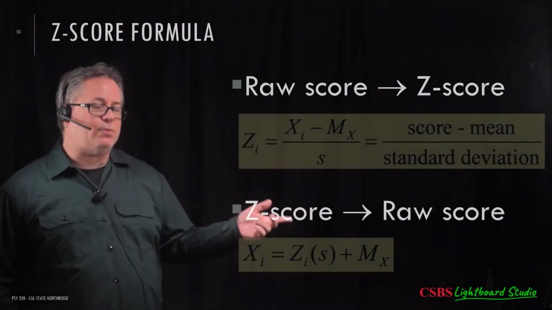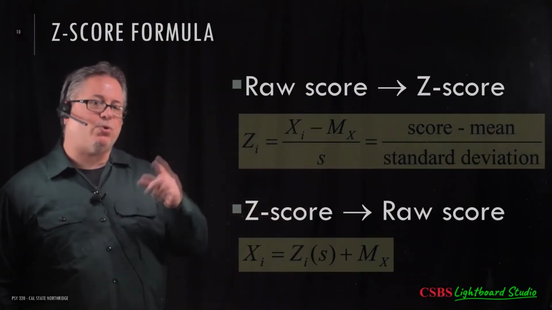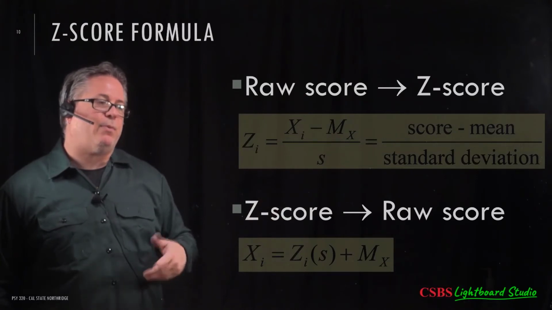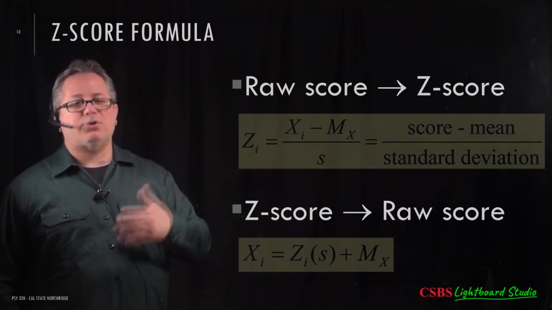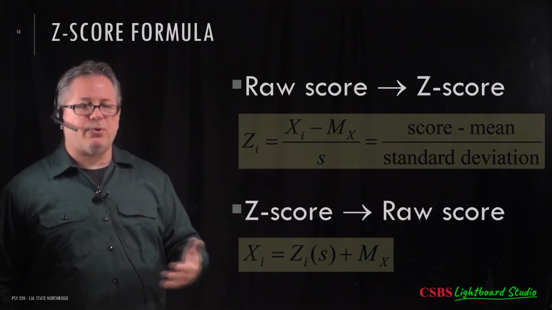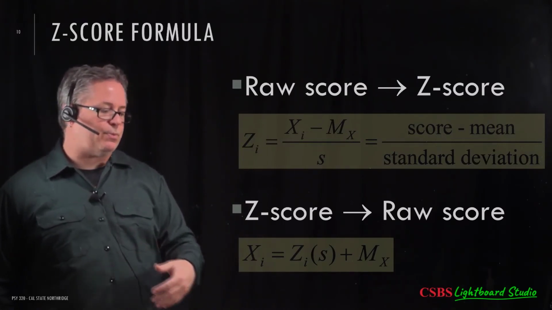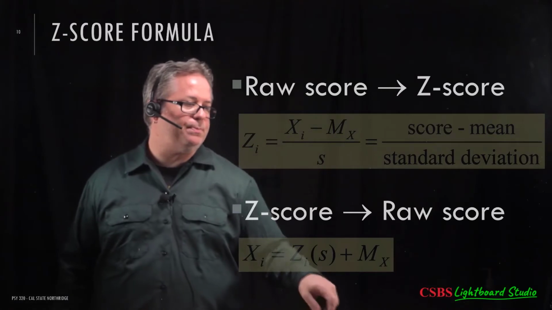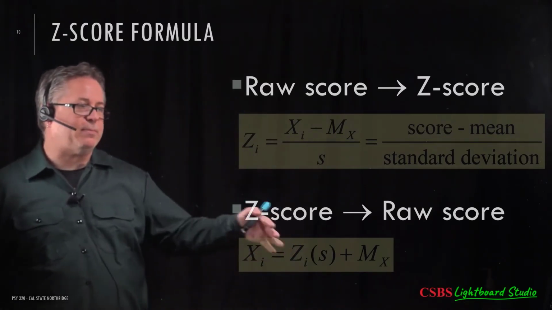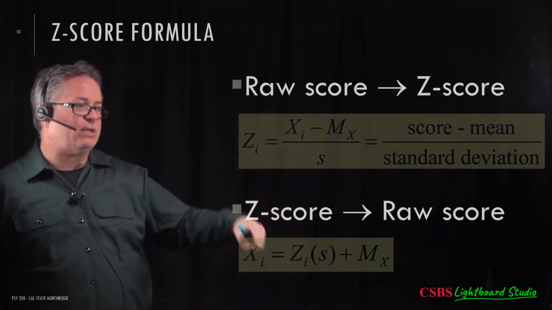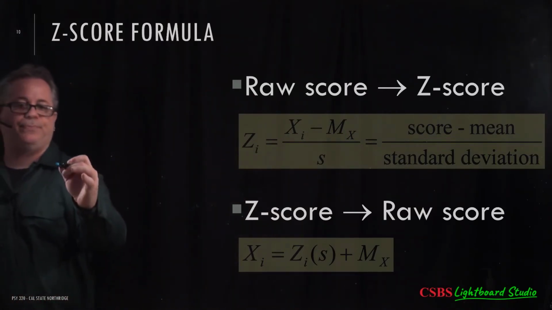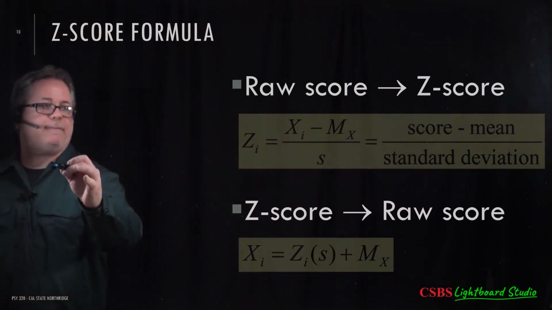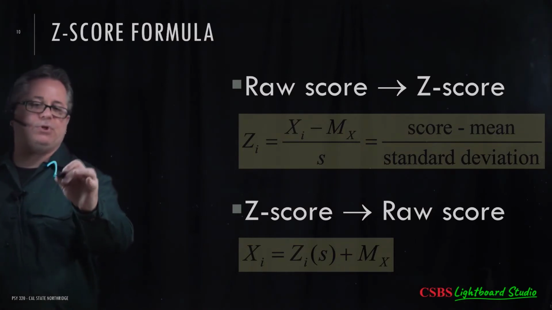If I want to go backwards, if I have a z-score, like your z-score of 2, and I want to figure out what raw score that corresponds to, I want to go the other direction. By simple algebraic manipulation, we can rearrange this.